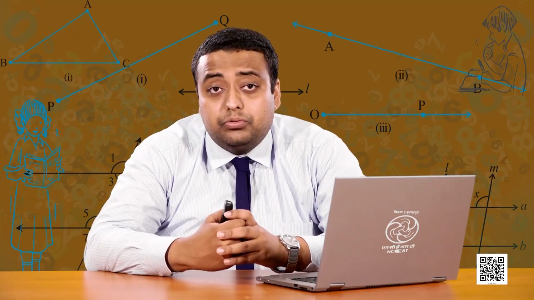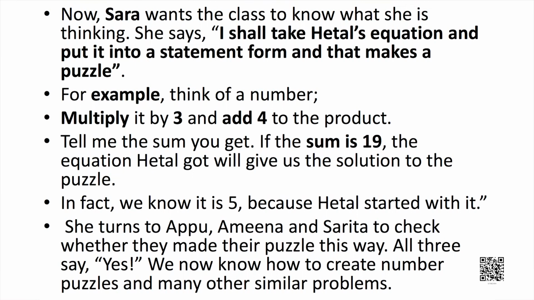In the same fashion students, now Sarah wants the class to know what she is thinking. She says, I shall take Hetal's equation and put it into a statement form, and that makes a puzzle. For example, think of a number, multiply it by 3 and add 4 to the product. Tell me the sum you get.